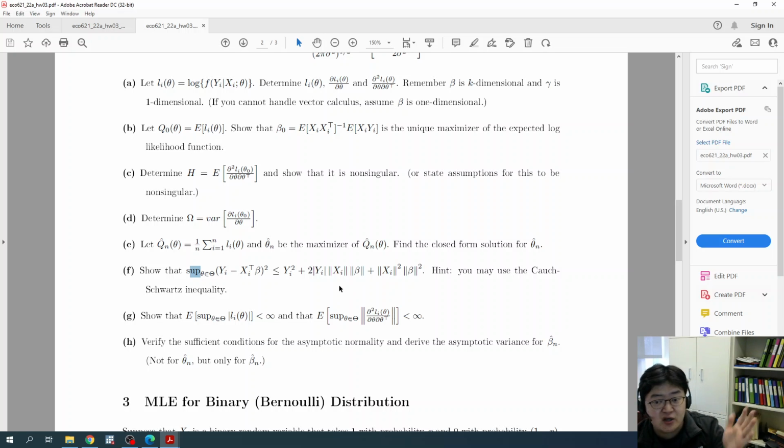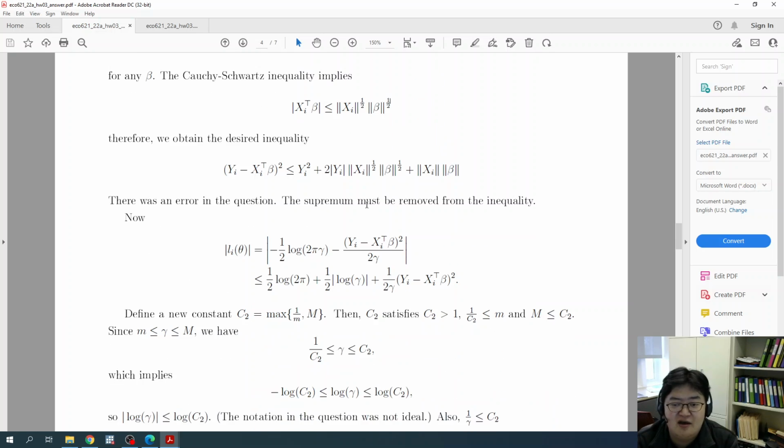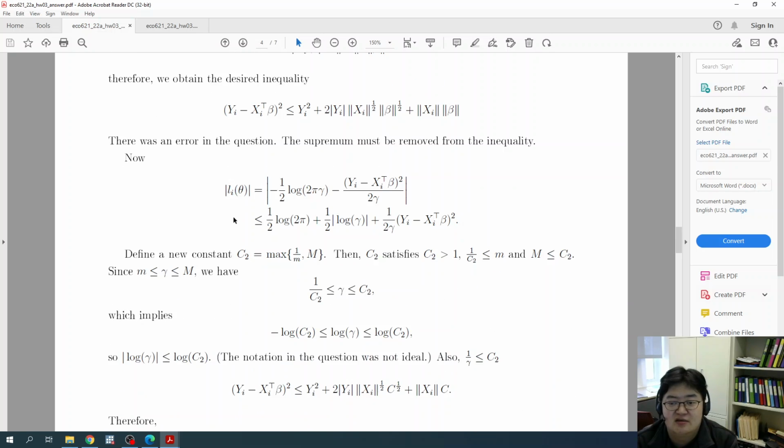No matter what beta you have, this inequality has to be satisfied, but it is specific to a beta. So something is wrong, my notation is wrong. The question is wrong. So what's wrong is you have to delete this, and this. So not a big problem. You know what we are doing. And all the other terms are straightforward.